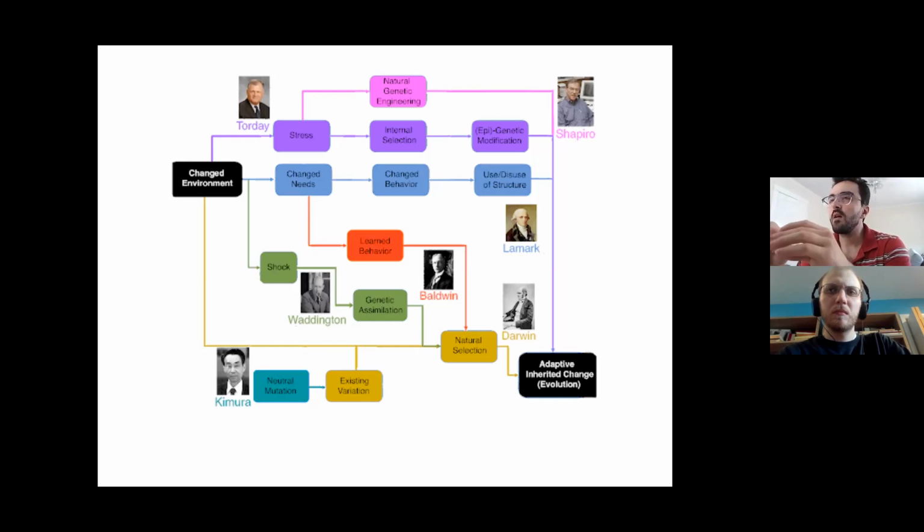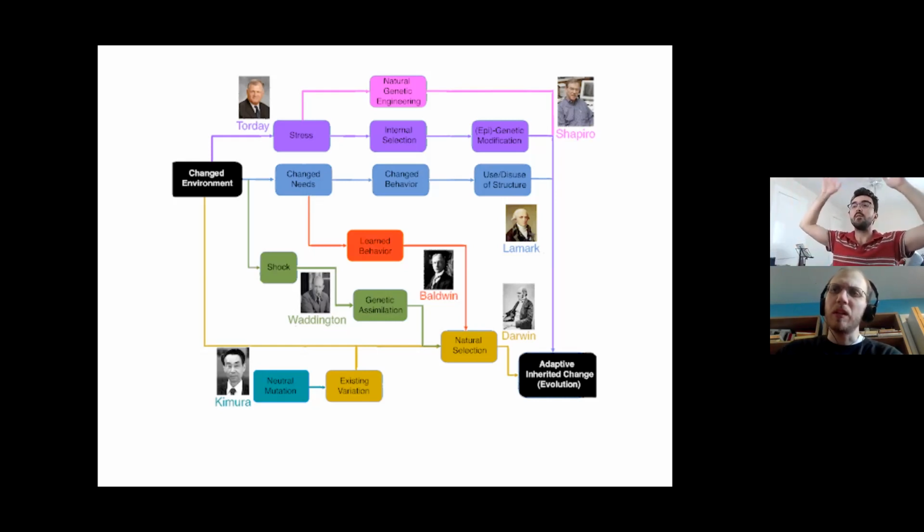And I think I do talk about Baldwin, but the idea of learned behavior is that the environment changes, and the organism learns a new skill, at a very high abstract level. It's behavior. Yeah. Like using tools, feeding in a particular way, a different pattern of collecting, washing its food, hygienic behavior in bees.